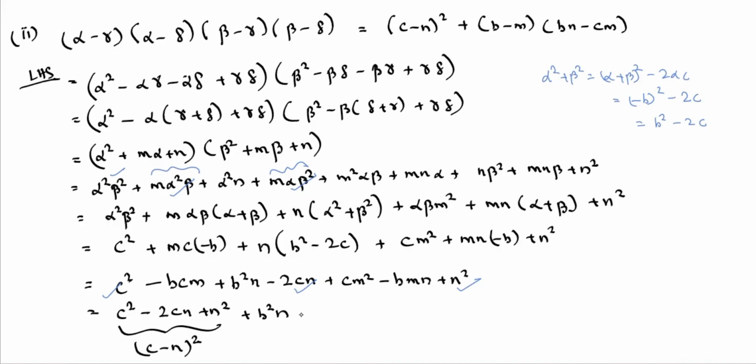So this is the term I want, minus bcm. If I multiply this times this, minus bmn, and finally I will have plus cm squared. Then if you simplify this part or factorize that part, you will get b minus m, bn minus cm.